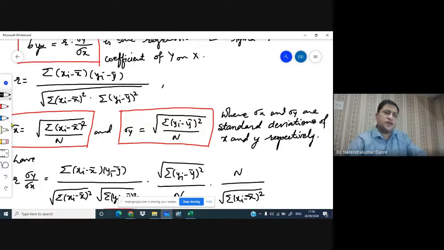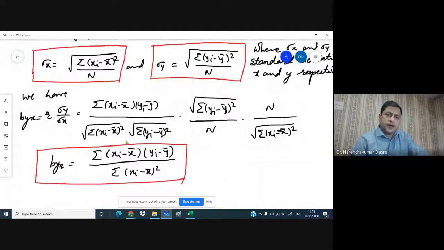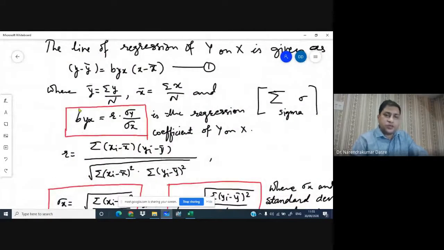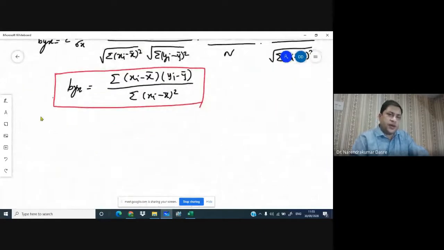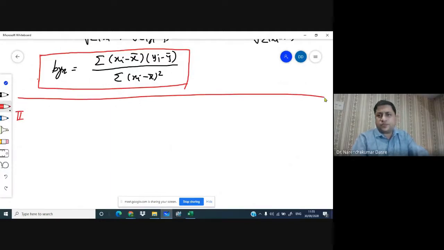Okay, so this is the standard deviation of x. This is the standard deviation of y respectively. So either we can use this formula, or we can use this formula. Okay, and now we can have the next.